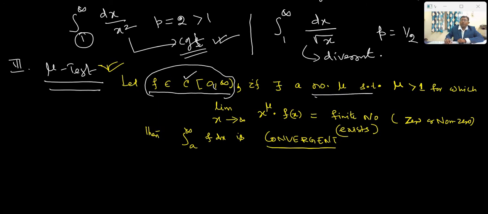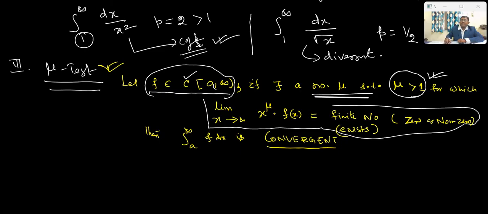There exists a number mu, and if this number is greater than 1, and the limit as x extends to infinity of x to the power mu f(x) exists and is finite, we don't bother whether it is 0 or not equal to 0.